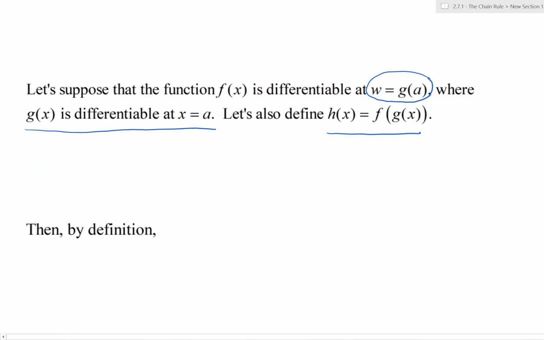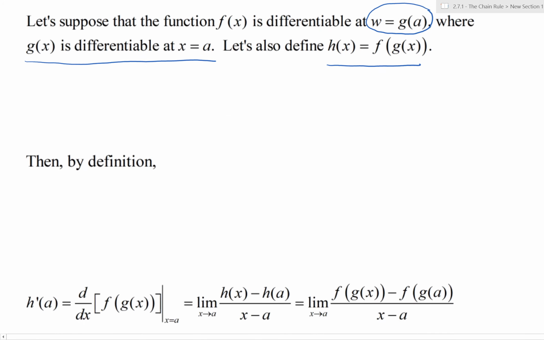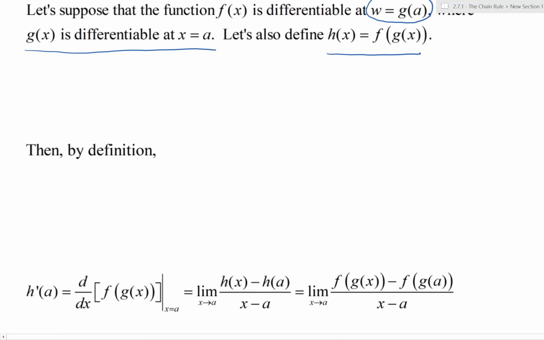So by definition of a derivative, evaluated at a location a, we can say that h prime of a is the same as the derivative of the function f of g of x with respect to x evaluated at a. And by definition, remember the limit definition, we had different forms. You go all the way back to the form where we had the limit as x approaches a of h of x minus h of a divided by x minus a.